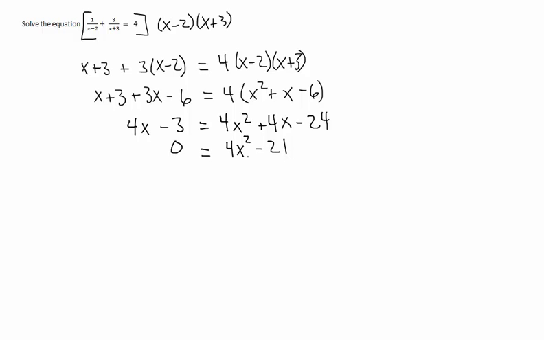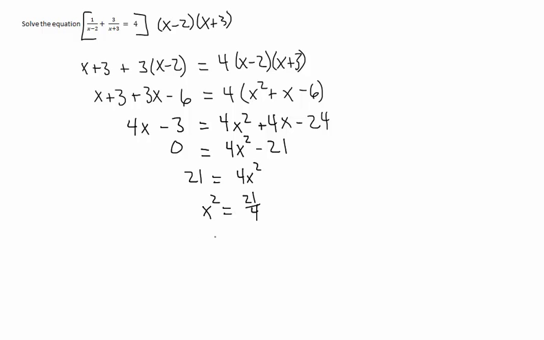Now in this quadratic, we don't have a center term. We don't have an x term. So we're going to move the constant to the left. So we're going to have 4x squared is equal to 21, and divide by 4. So x squared is equal to 21 divided by 4. Now we're going to take the square root of both sides.